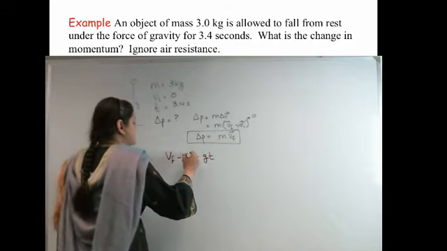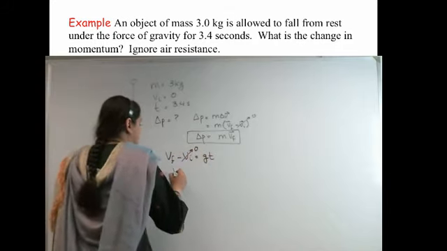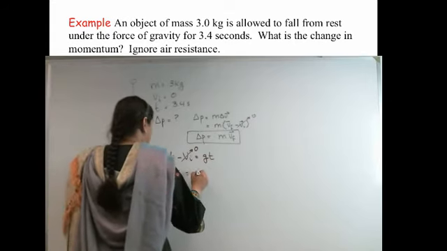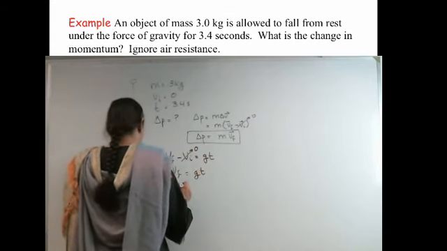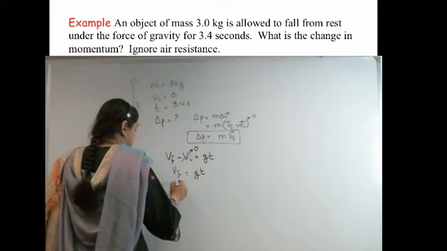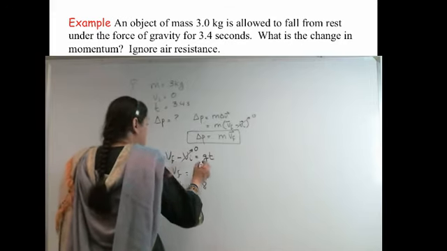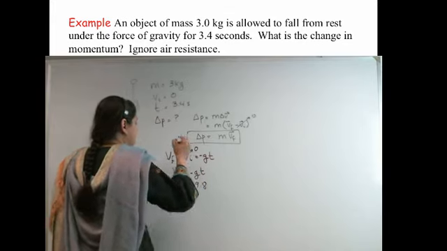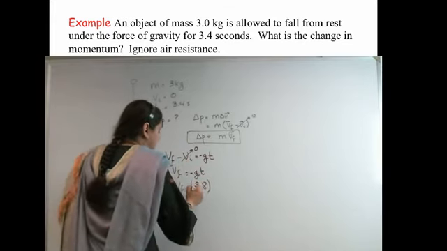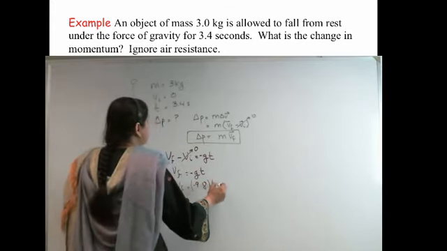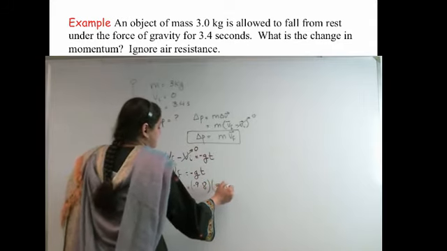Okay, Vi is equal to 0. Vf is going to be gt, which basically means Vf is going to be minus 9.8, oops, sorry, I forgot the minus sign because it's pointing downwards, 9.8 times t, which is 3.4 seconds.